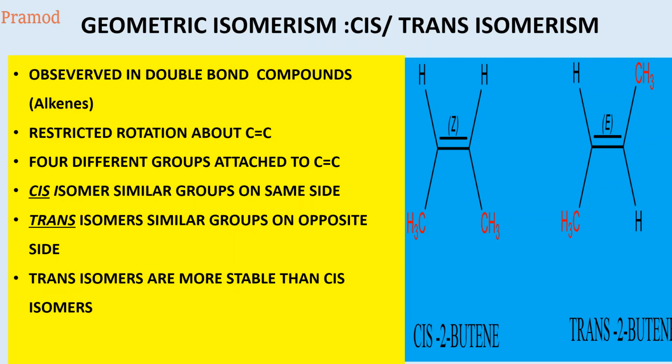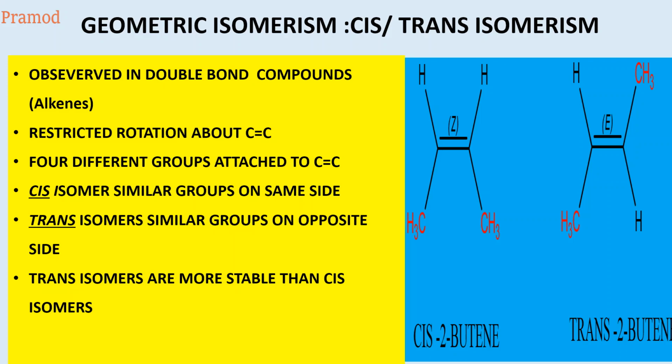So these are the basics. In case of cis, the two groups are on the same side. In case of trans, they are on the opposite. Geometric isomerism comes into play because of the restricted rotation across the carbon-carbon bond. If you try to rotate it, it breaks up the molecule.